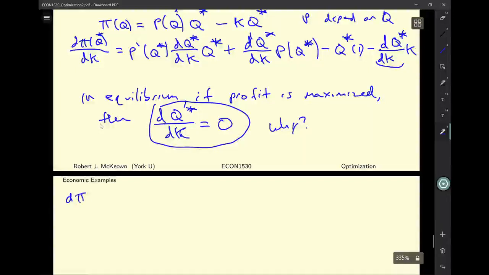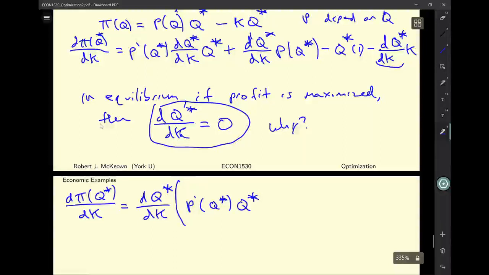We can rewrite this, and I've got P prime Q star times Q star plus P Q star minus K. And minus the Q star that remains right here.